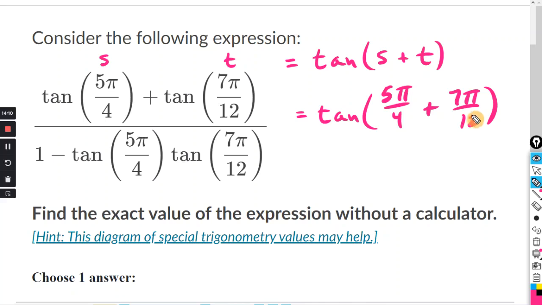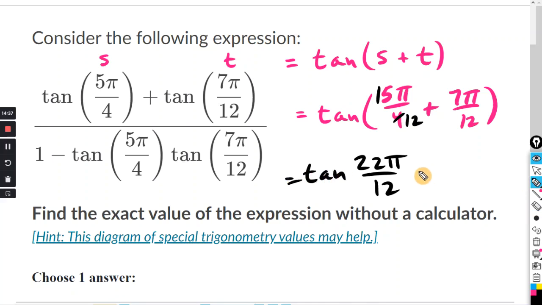All right, we need a common denominator here of 12. 4 times 3 is 12. 5 times 3 is 15. So that's going to be 15 plus 7 pi. That's going to equal 22 pi over 12. And of course, we're taking the tan of that angle.